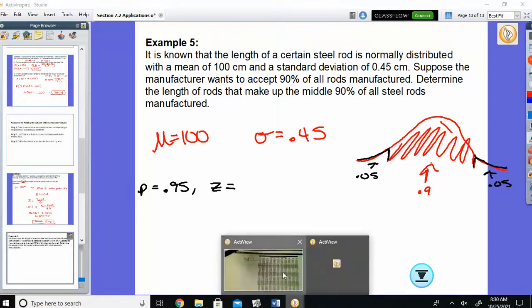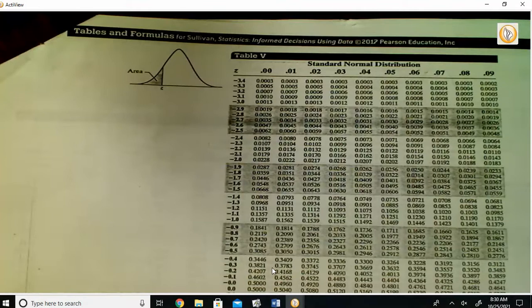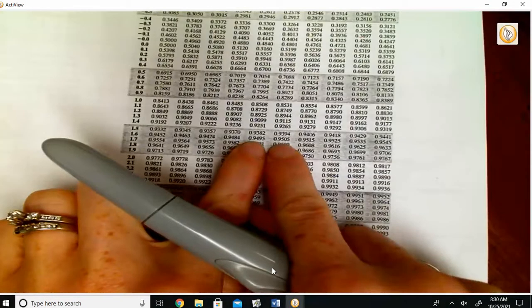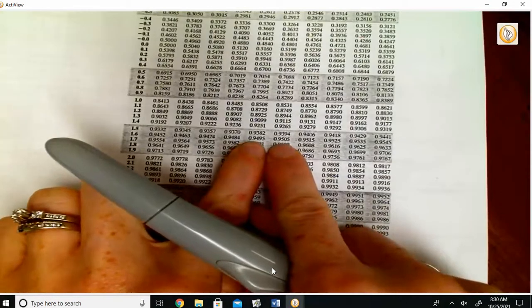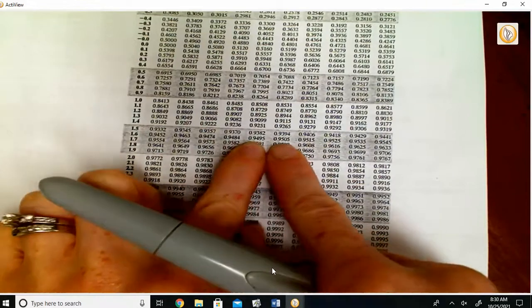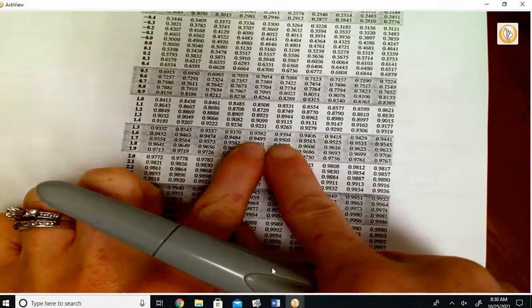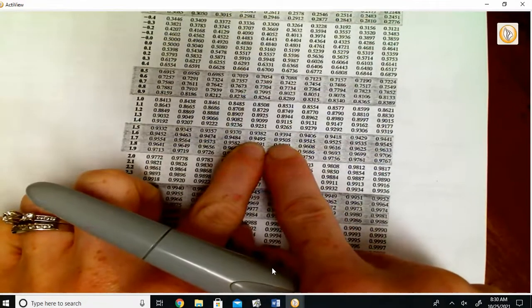So everybody, look at your table here. We need 0.95. That's our probability, so that's inside the table. And we have 0.9495 and 0.9505. So it's right in the middle of those. Is that 0.5 or 0.6? It's 0.5.